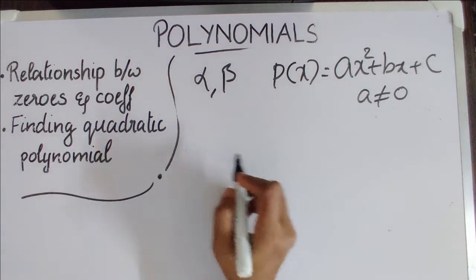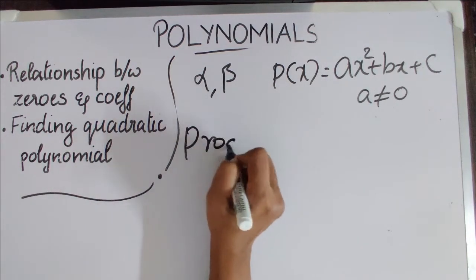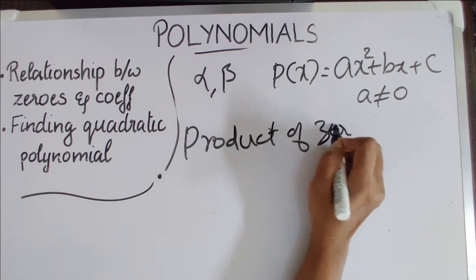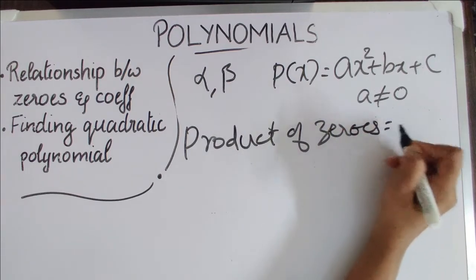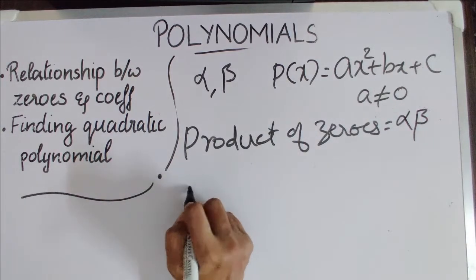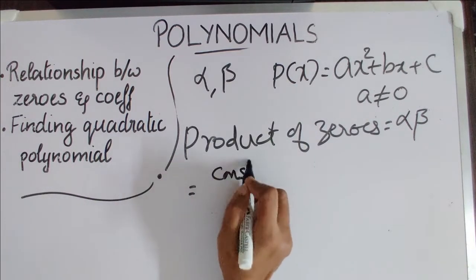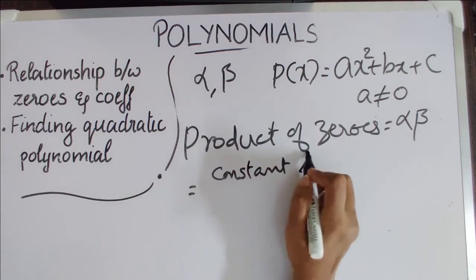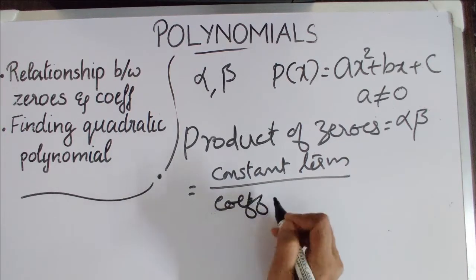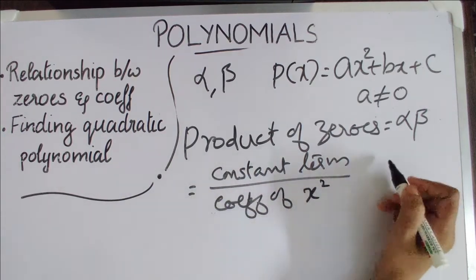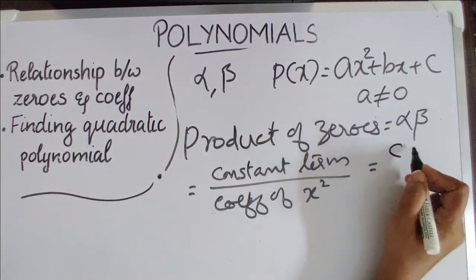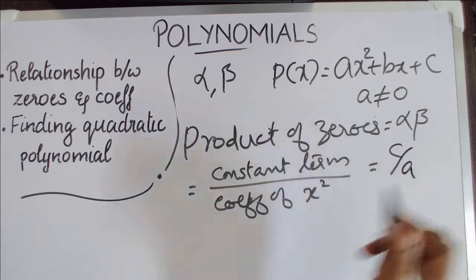Next we consider the product of zeros. Product of zeros equal to alpha into beta, that is equal to constant term divided by coefficient of x square. The constant term is c and the coefficient of x square is a.